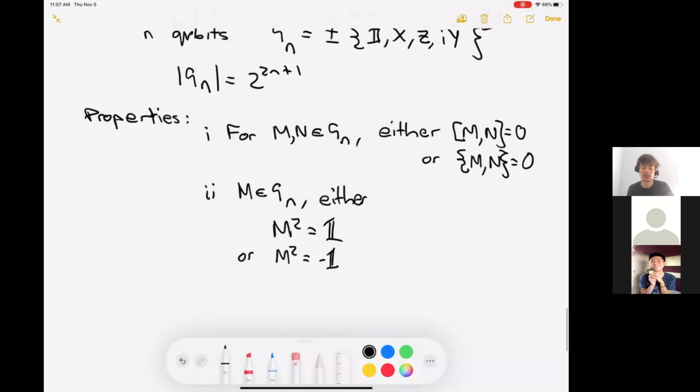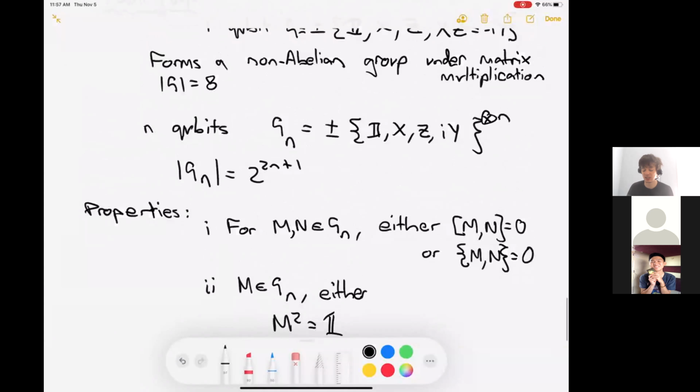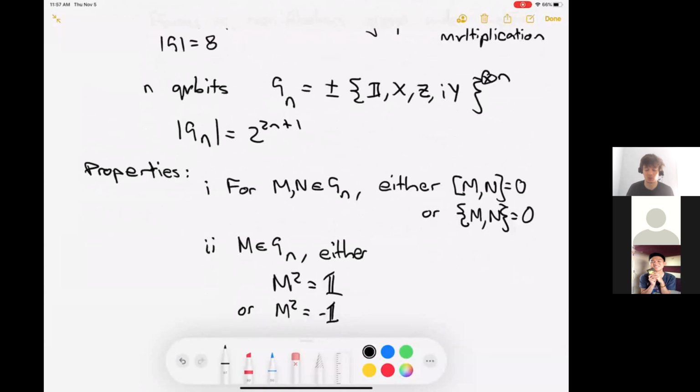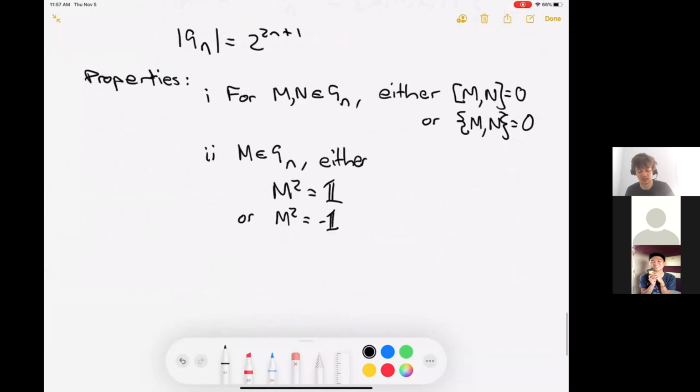So for example, X squared is the identity, Z squared is the identity, but iY squared is equal to minus the identity. So this is true basically if M has an odd number of iYs in it.